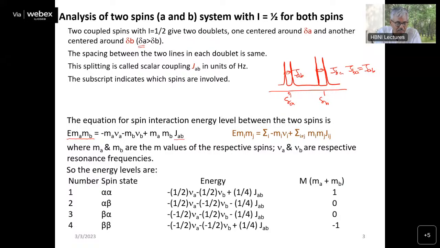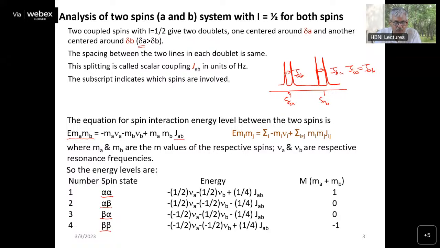So now you can see there could be 4 energy levels. One is where both the spins are in the alpha state. In the second energy level, one spin is in alpha and another in beta. The third is where the first one is beta and the second one is alpha, and in the fourth energy state both are beta.